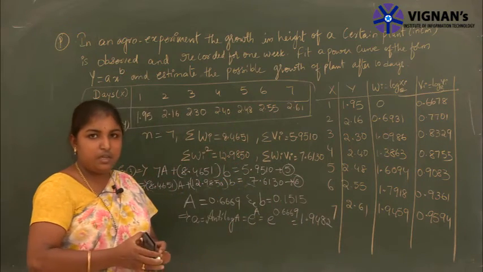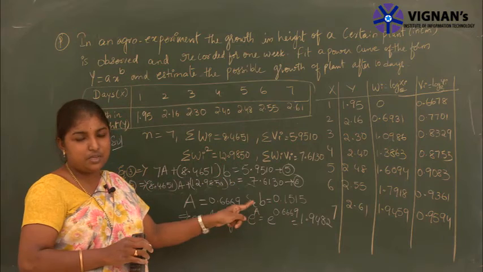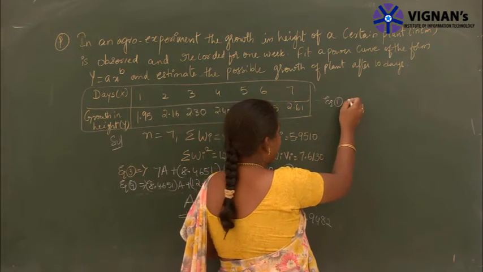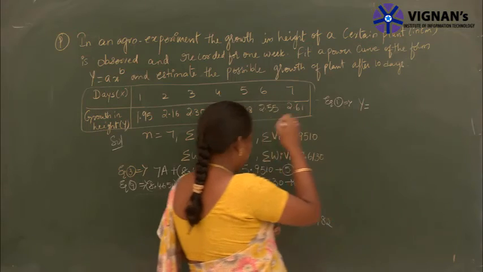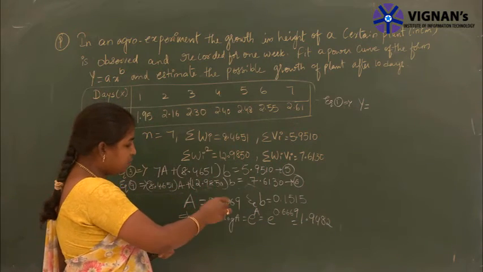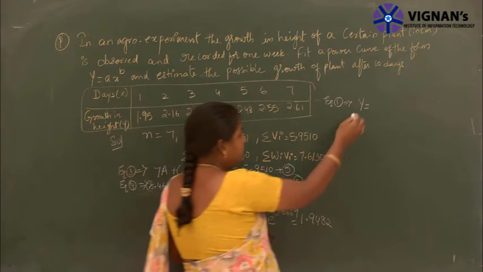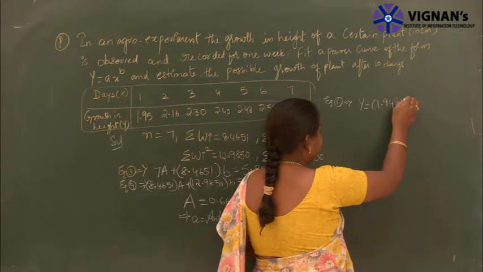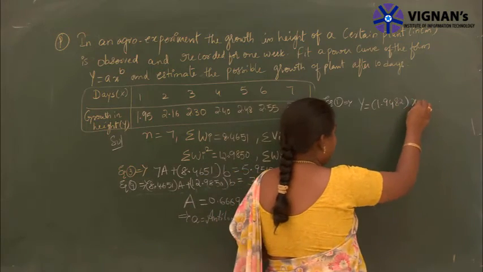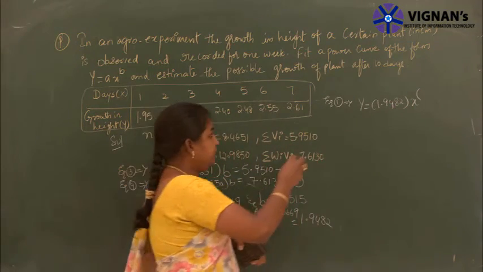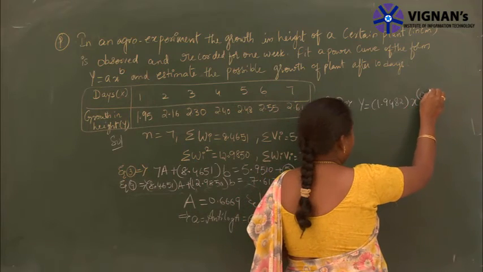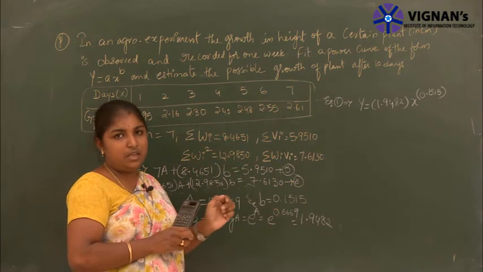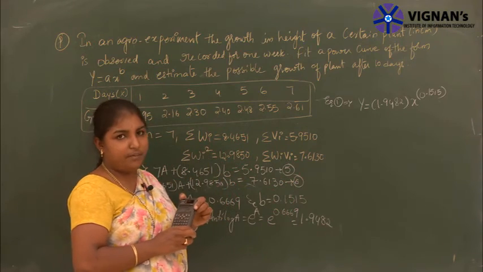Now we substitute the small a and small b values in equation 1. Equation 1 implies y is equal to a x power b. The a value is 1.9482, and the x power b value is 0.1515. So this is the fitted power curve for the given data.